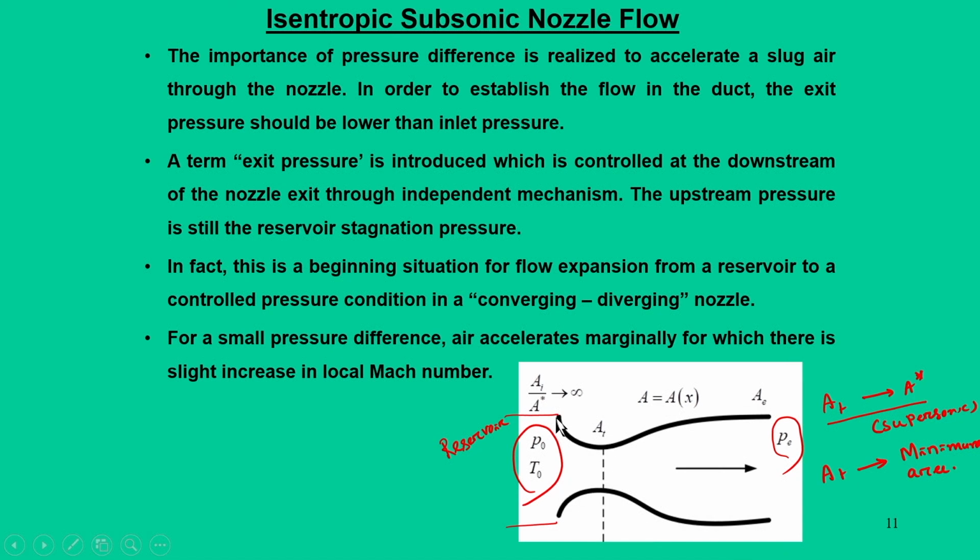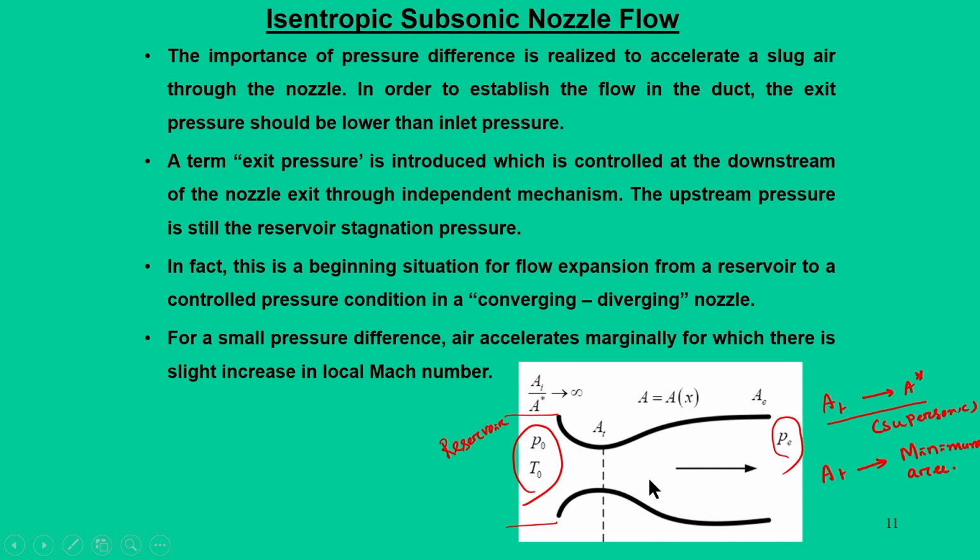So, if you look at this converging diverging passage, we have a minimum area which is called the throat, the reservoir conditions are P naught and T naught, and the exit area is AE and its pressure is PE. Ideally, if PE is equal to P naught, there will be no flow. If PE is slightly less than P naught, then there will be some flow.